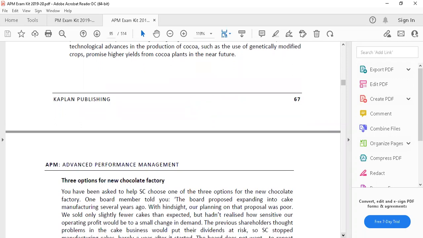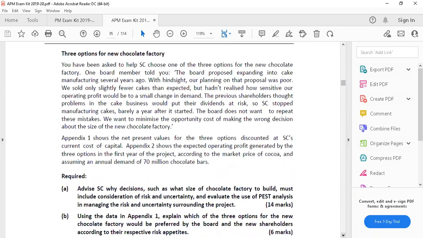You have been asked to help SC choose one of the three options for the new chocolate factory. One board member told you the board proposed expanding into cake manufacturing several years ago. With hindsight, our planning on that proposal was poor. We sold only slightly fewer cakes than expected, but hadn't realized how sensitive our operating profit would be to a small change in demand.